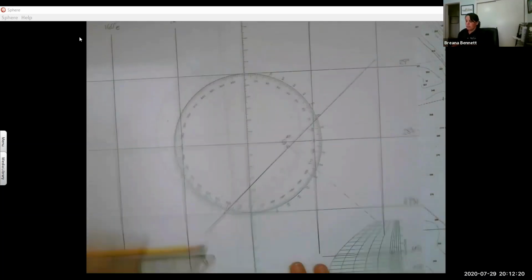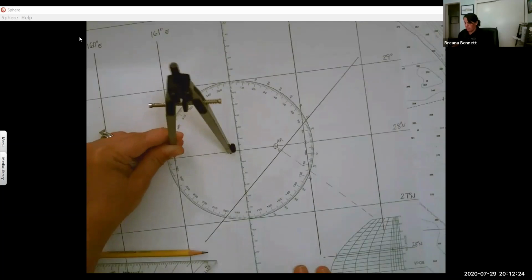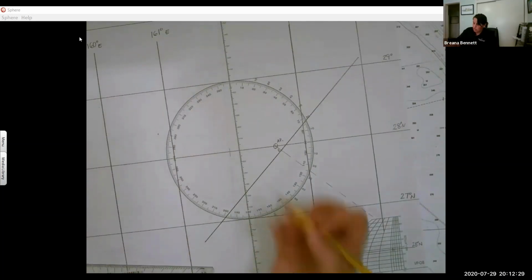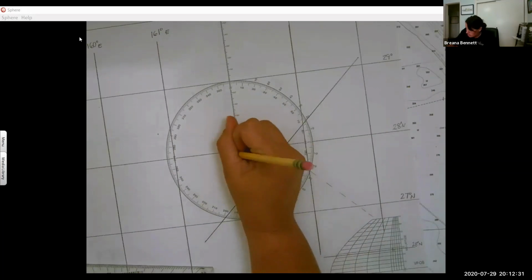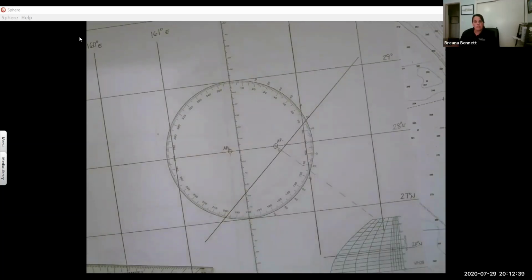And that was 161 52 east. So this is my assumed position 2, if you will.